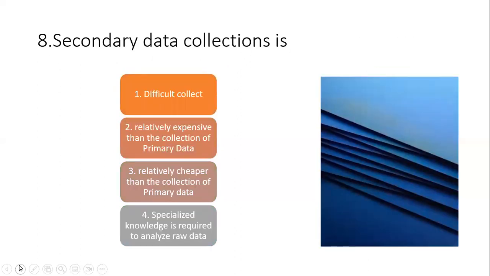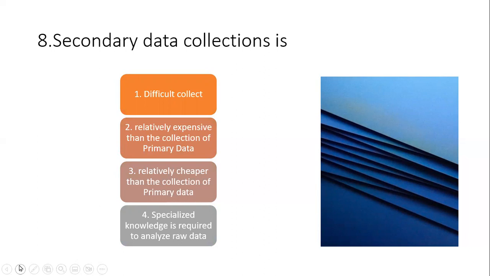Secondary data collection is difficult to collect, relatively expensive than the collection of primary data, relatively cheaper than the collection of primary data. Specialized knowledge is required to analyze raw data. So the secondary data collection is relatively cheaper than the collection of primary data, because secondary data are collected from books, from the internet, from the recorded versions of many reports.